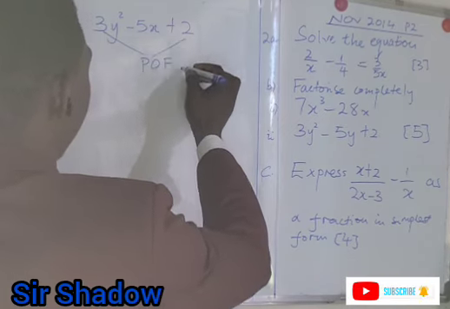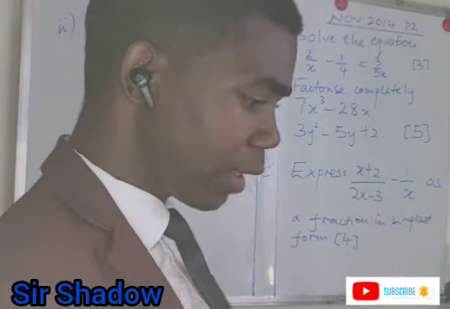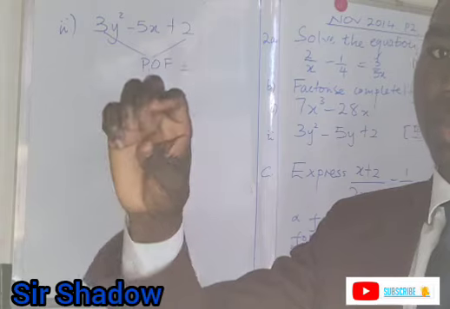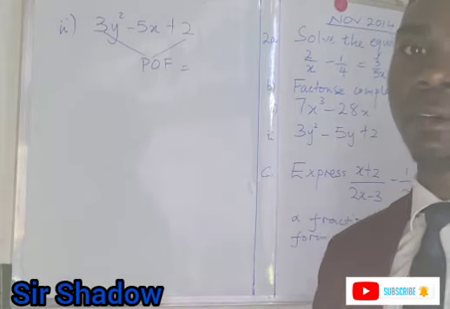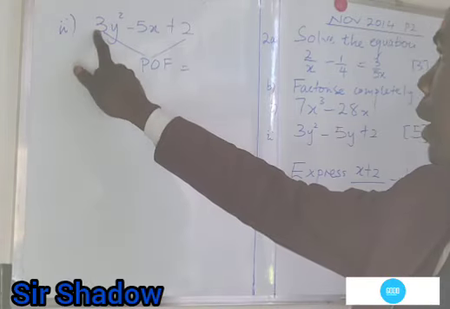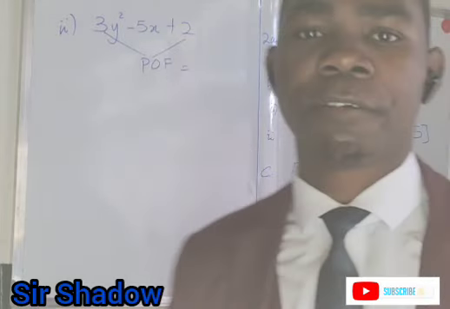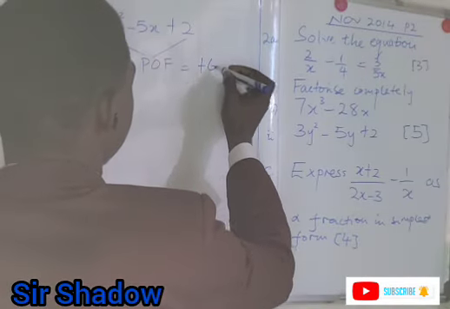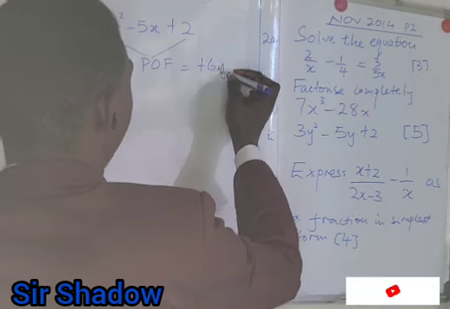To find the product of factors, we have to multiply the coefficient of y squared by the constant value. So we are saying 3 times plus 2 gives us 6, which is the product of factors, plus 6y squared.